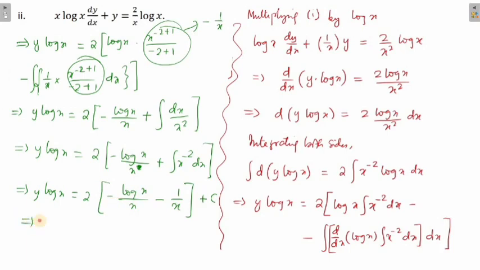So we have y log x minus 2 by x into log x plus 1 with constant of integration. You can leave your answer to be this much if you want to. So this is the required general solution.